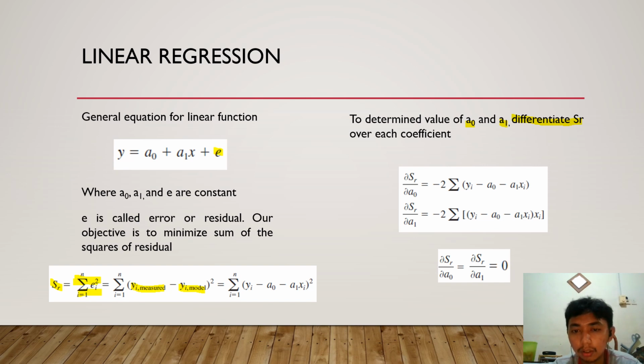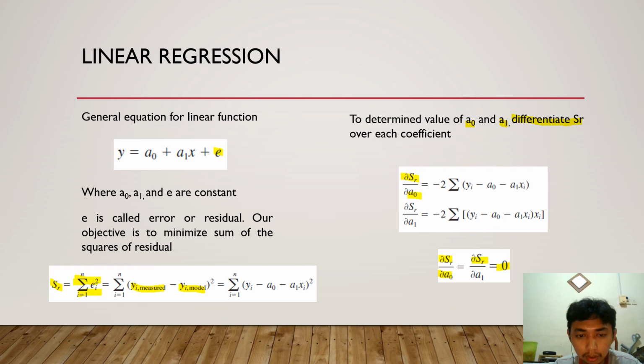So we differentiate SR over a0, with partial SR over partial a0. As we know that the derivative of a constant is 0 here.